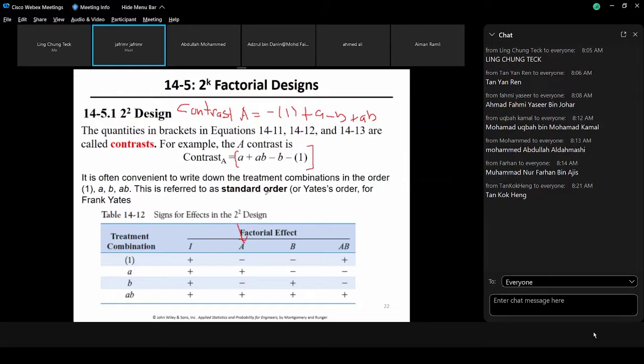Contrast of B, similarly. And then you can understand why you need a contrast later on.